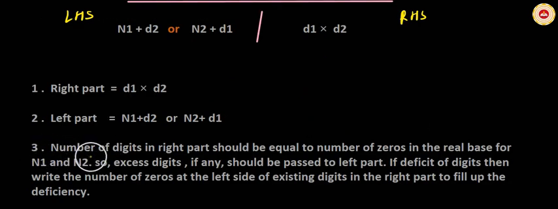Step number 3: the number of digits in the right part. See this part, the right part. The number of digits in the right part should be equal to the number of zeros in the real base for n1 and n2. So excess digits, if any, should be passed to the left part, and if there is a deficit of digits, then write the required number of zeros at the left side of the existing digits in the right part to fill up the deficiency.